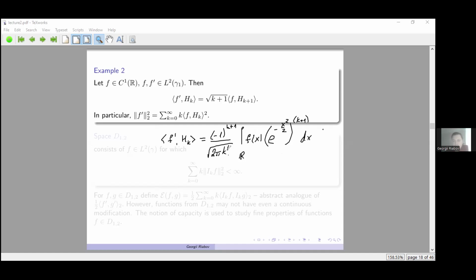If we had k plus 1 factorial in the denominator, we will get the product of f and h_{k+1}. So this means that we multiply by root of k plus 1, divide by root of k plus 1, and obtain this expression.